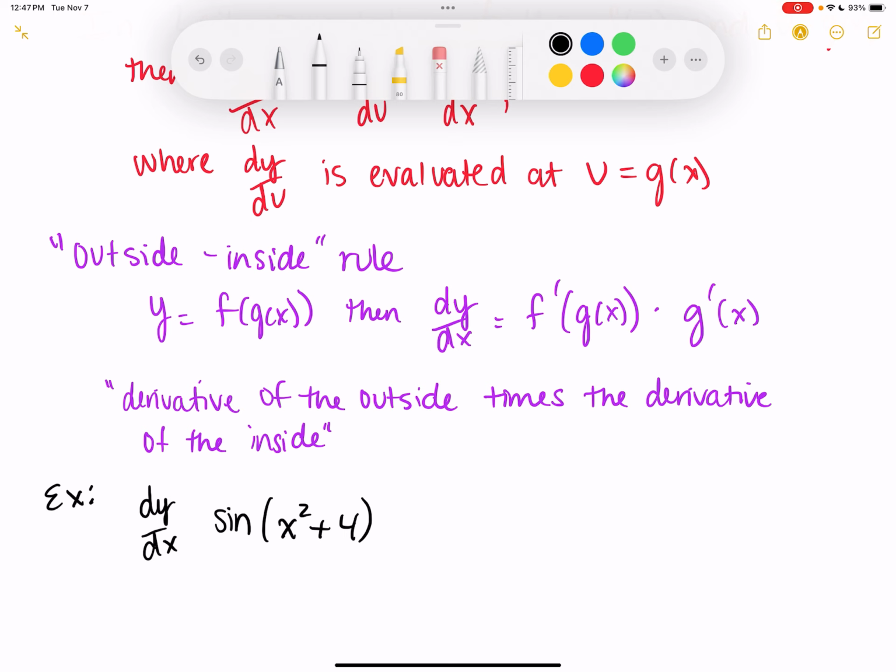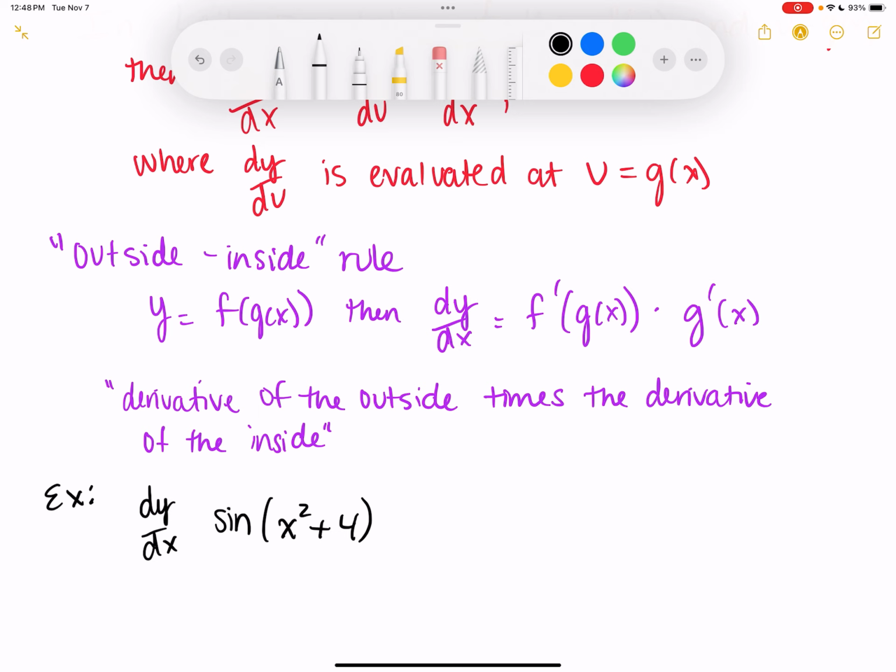I could have f of x be sine of x, and I could have g of x be x squared plus 4. And so basically, I'm taking the derivative of everything that I'm not covering up. So the derivative of sine, with this still in the parentheses, copied exactly, times the derivative of just the inside of what's in parentheses.